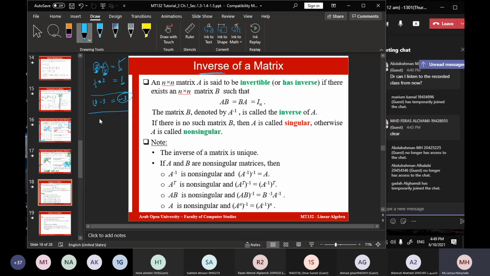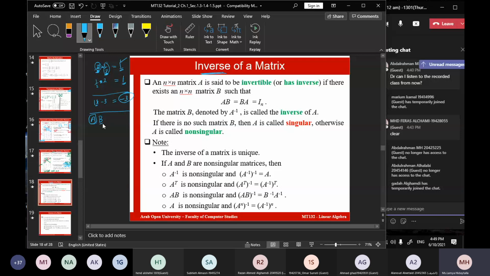Now in matrices, if we have a matrix A, what is the inverse of this matrix A? It is another matrix B such that when I multiply my matrix by this matrix, it gives me the identity, which is the identity matrix IN.